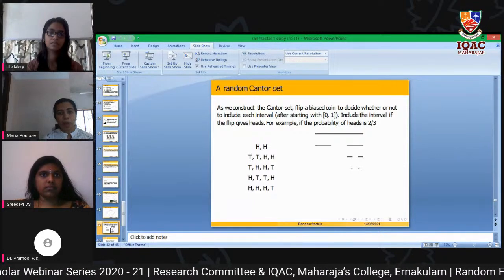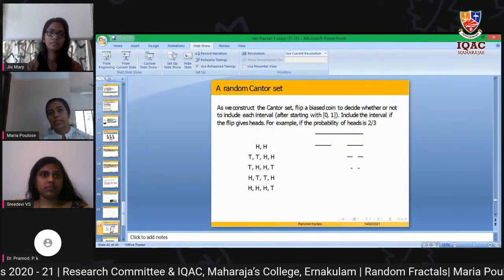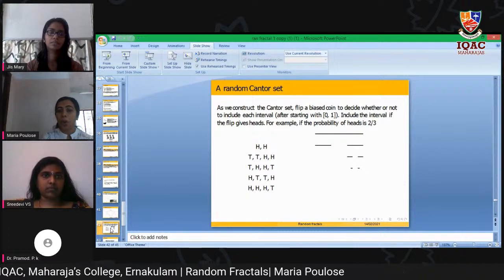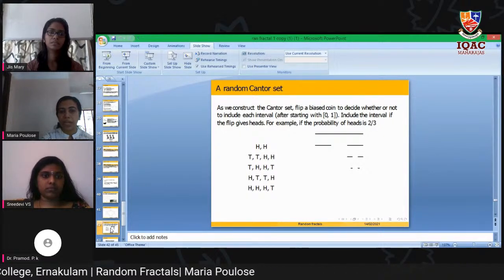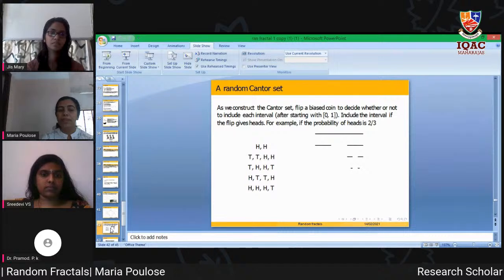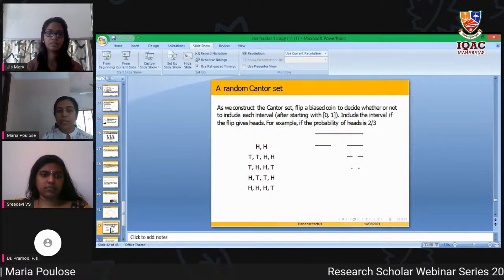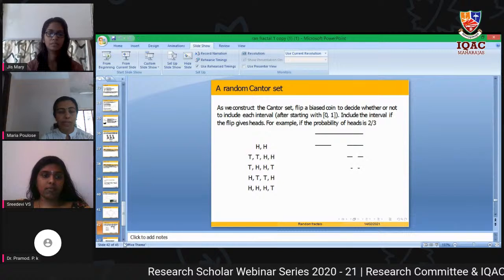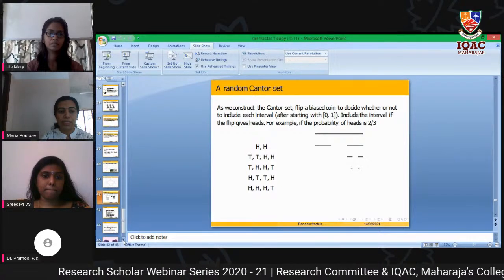We give that probability along with the Cantor set, and then we get a Cantor set like this. You are not selecting all the lines when you are dividing. Like this, we include randomness in the Cantor set, and then you get the random Cantor set.